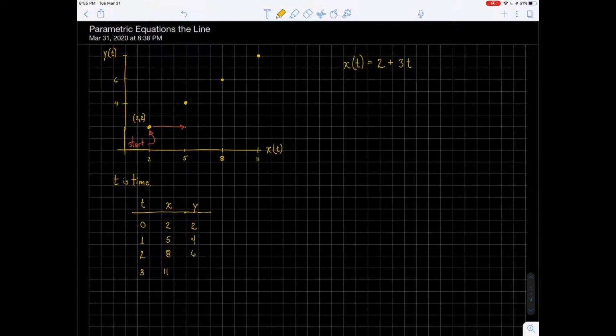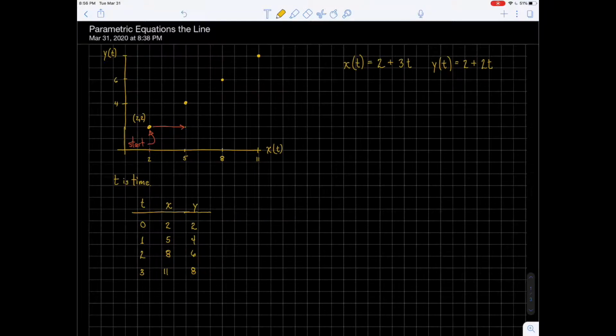So 2, then 4, 6, and 8. So my y's look like this. They start at 2 also. And then each time they go up by 2 for each 1 unit of time. And with that, now I have my line broken up into x and y.